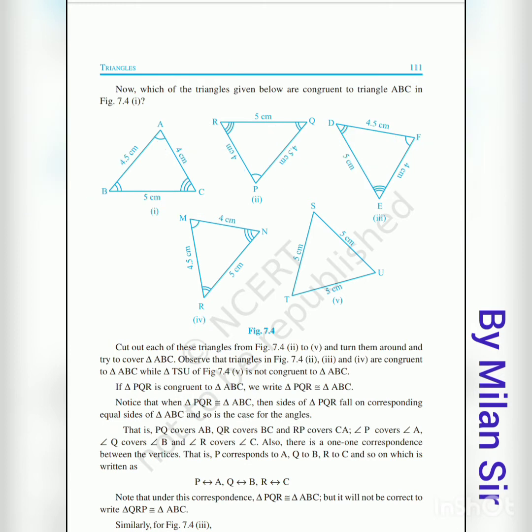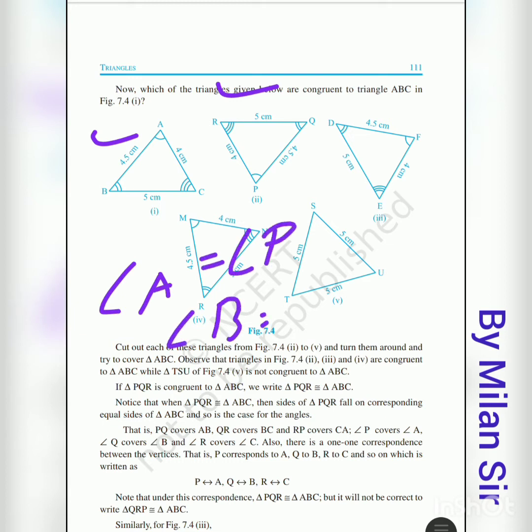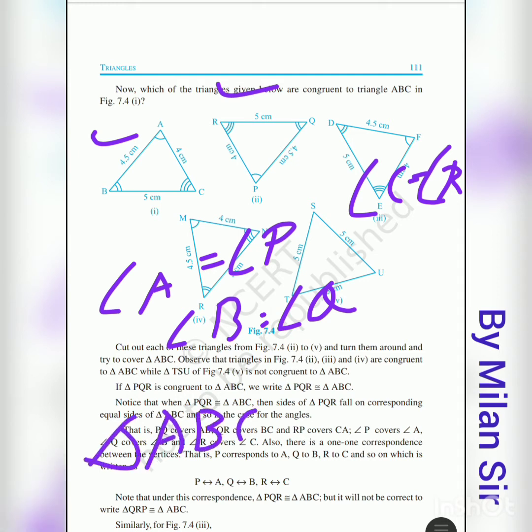Now look at these two triangles. Here angle A is equal to angle P, angle B is equal to angle Q, and angle C is equal to angle R. So if you want to write the congruency, how can we write it? First, write down the first triangle in whatever sequence you want. Now put the congruency sign. Now just take care of these things.